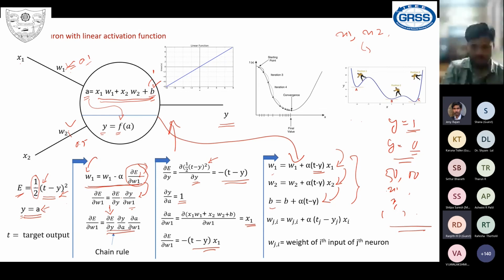This is differentiable. If you're not able to take the derivative of these two terms, then it is very difficult to come up with a weight updation formula using gradient descent. In the case of perceptron, they use a step activation function, which is not differentiable. So we cannot use a step function as an activation function with Adaline.